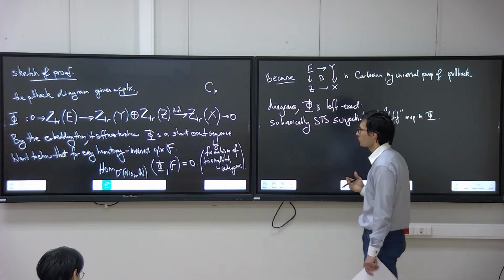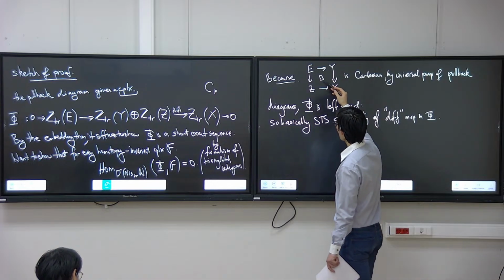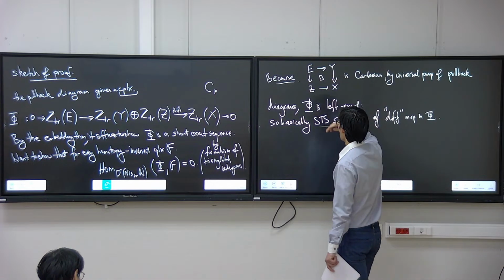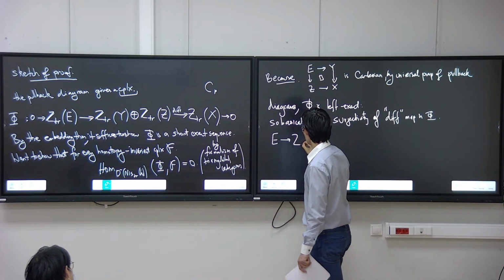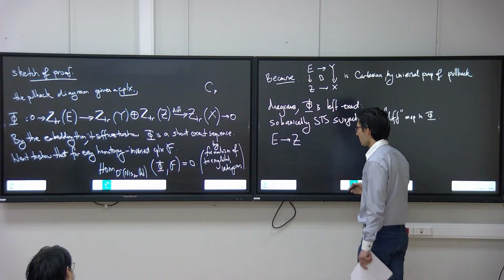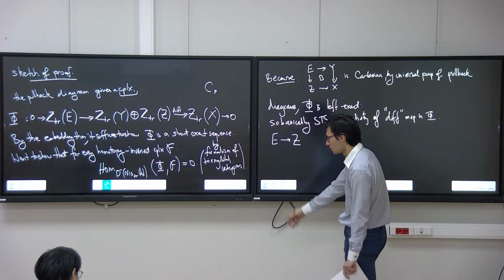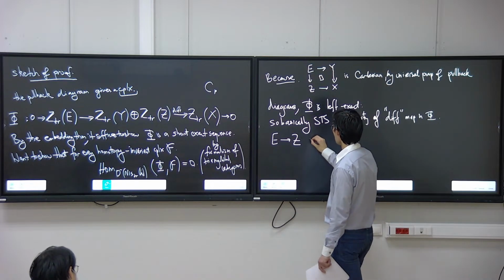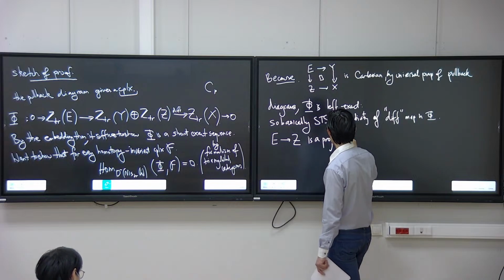Okay, so another reduction is the following. Because this is a blow-up square, by basic properties of blow-up situations, this map E to Z is a projective space bundle.